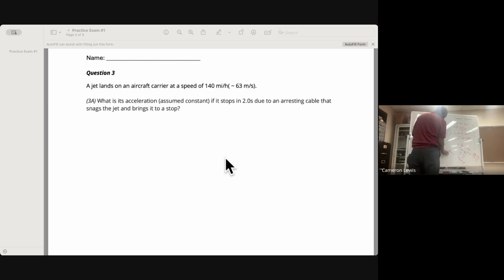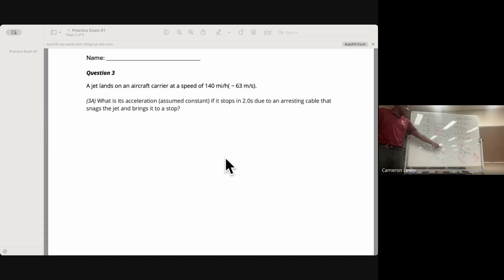Displacement is equal to your final position minus your initial position. If the initial position is equal to 0, then we can conclude that our final position is equal to our displacement, because technically this is 0.